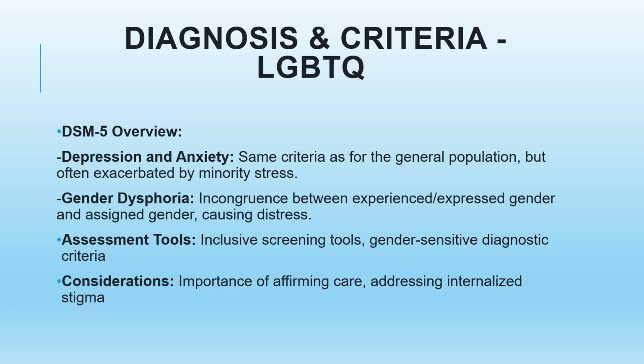There is also gender dysphoria, incongruence between experienced and expressed gender and assigned gender, which also causes distress. And then some assessment tools used in this population: you have to be inclusive with these screening tools and very gender sensitive when diagnosing. Some considerations include the importance of affirming care and addressing internalized stigmas.